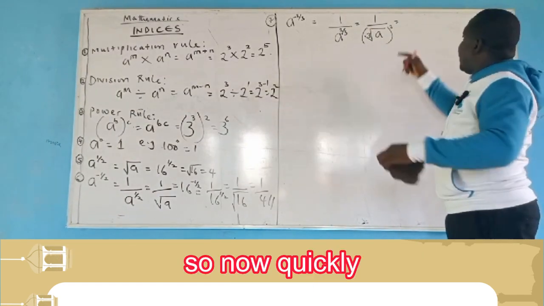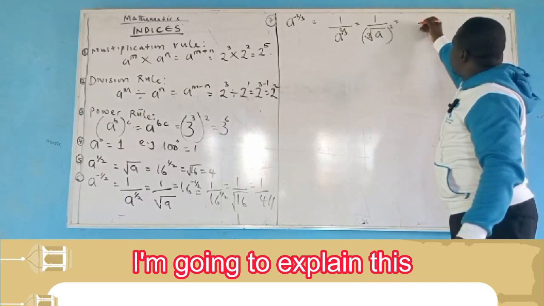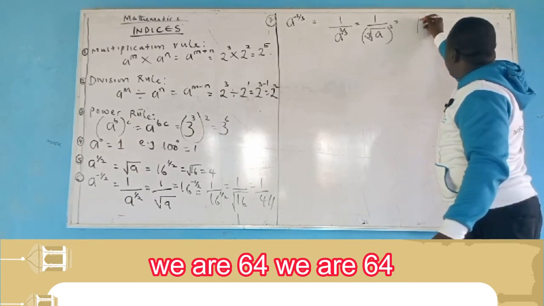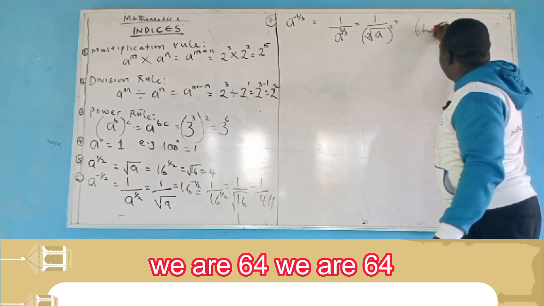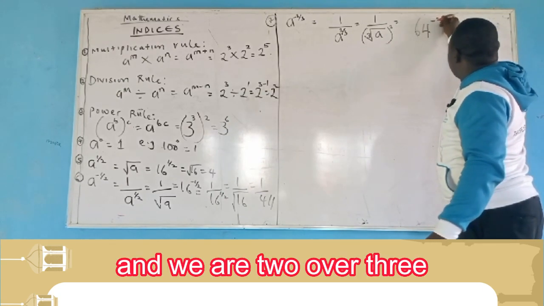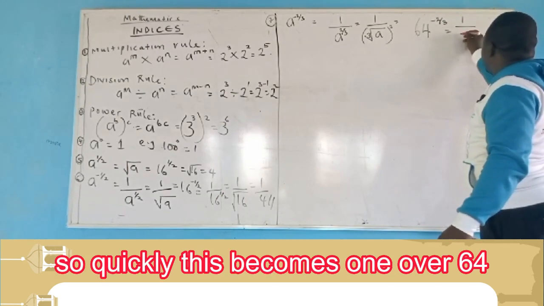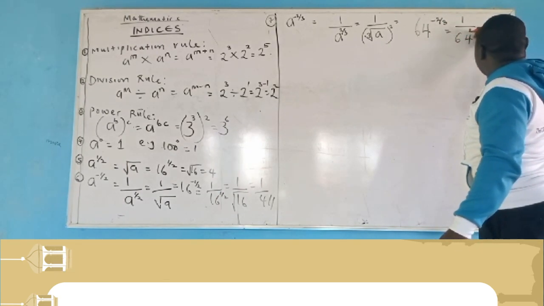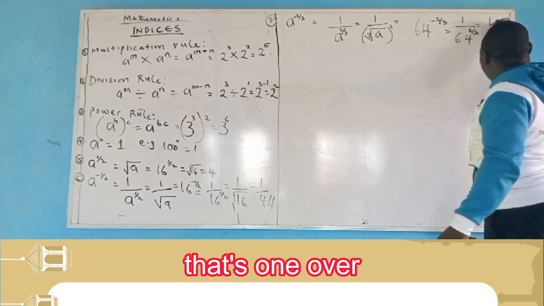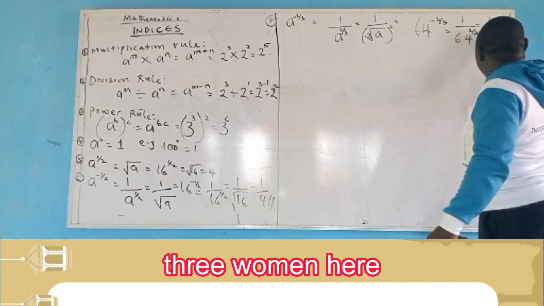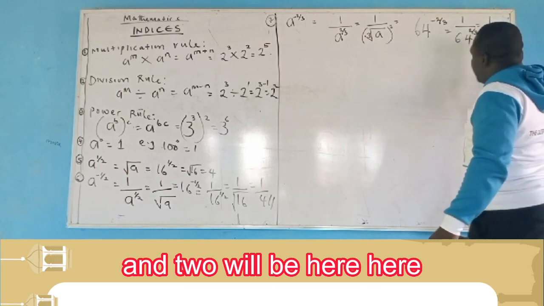So now quickly, how do we explain this in terms of calculation? Let's quickly look at something. We have 64 to the power of minus 2 over 3. So quickly this becomes 1 over 64 to the power of 2 over 3, that's 1 over the cube root of 64, with 3 here and 2 here.